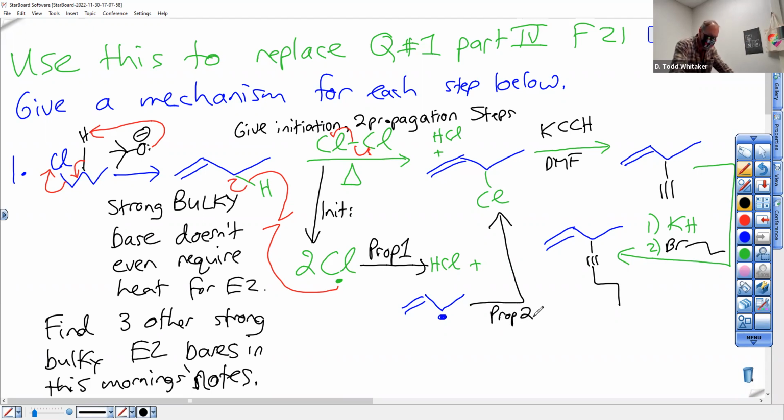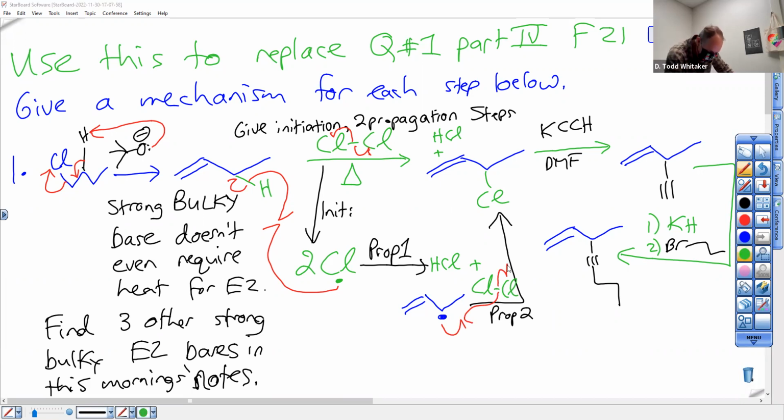No. You have forgotten that in the initiation step, only 1 or 2 molecules of chlorine reacted. The rest of the chlorine is still present, and that's where you get ClCl to react, and it makes this chlorine radical for prop 1. And there's prop 2.